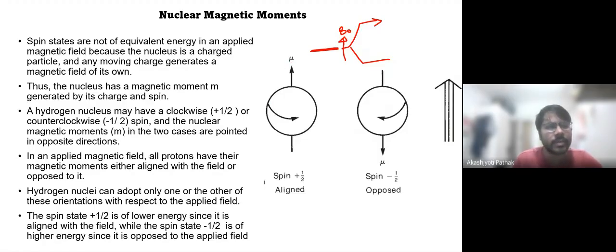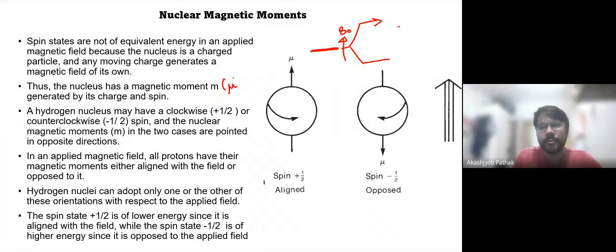So this nucleus has a magnetic moment mu. In some books you will see that it is denoted by the letter m, and it is generated by charge and spin. A hydrogen nucleus may have a clockwise or anticlockwise spin, and the magnetic moments in the two cases point in opposite directions.